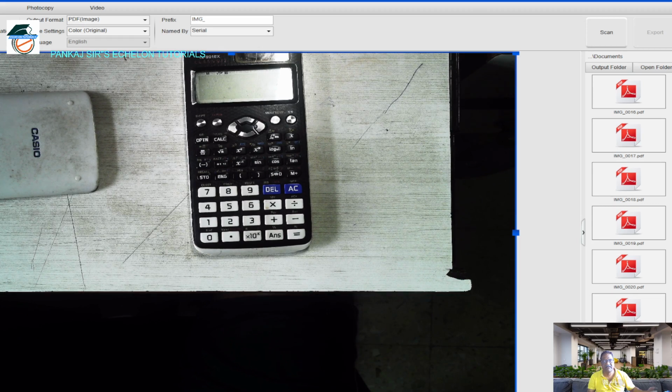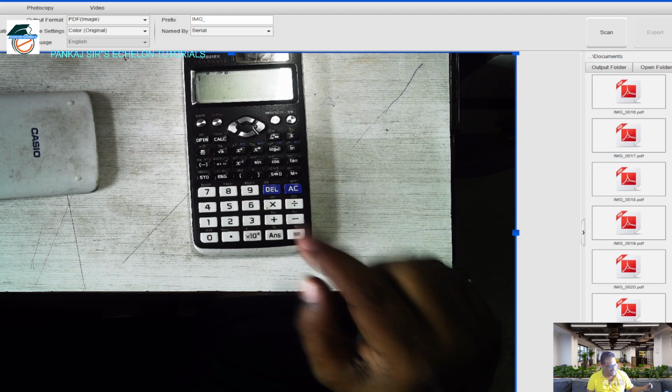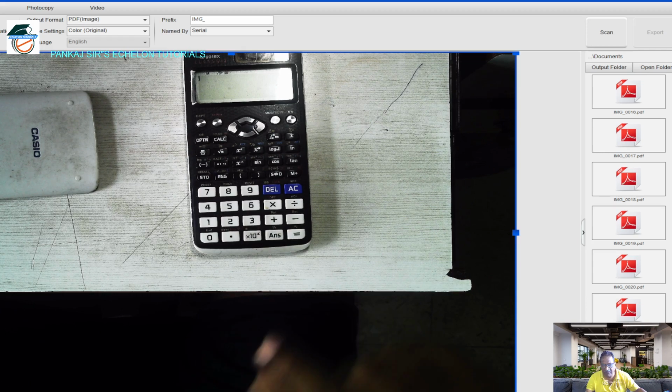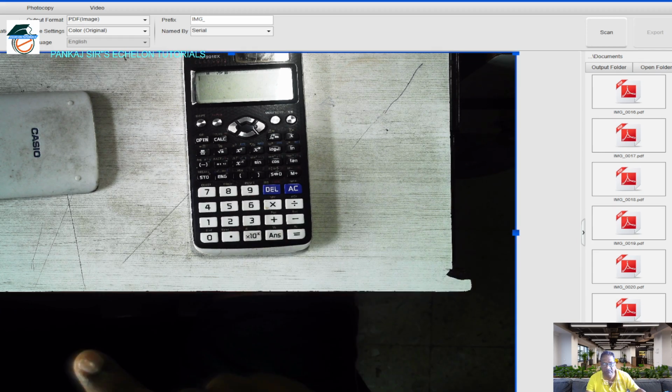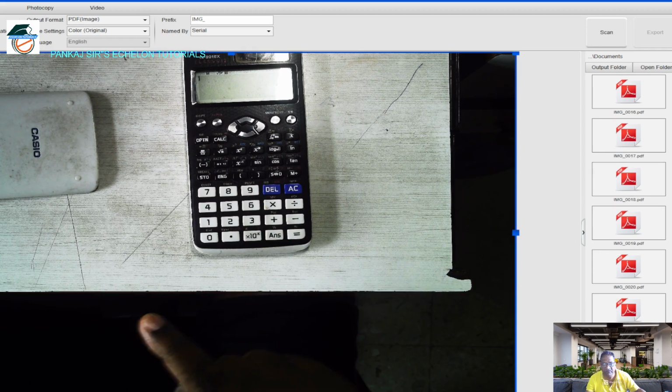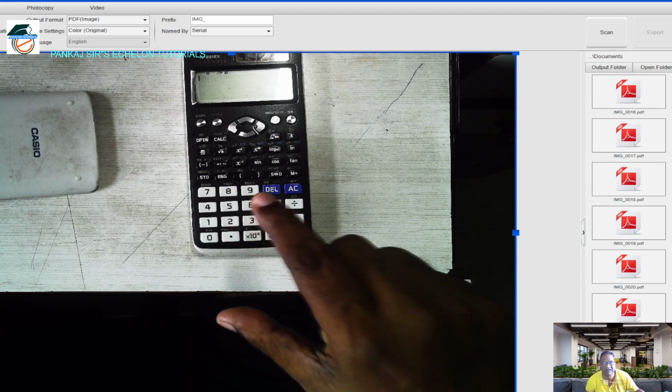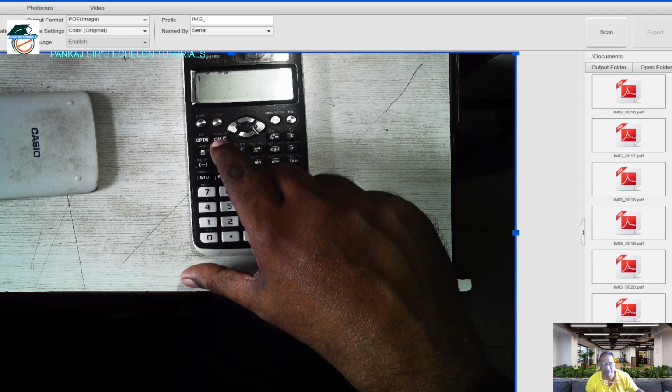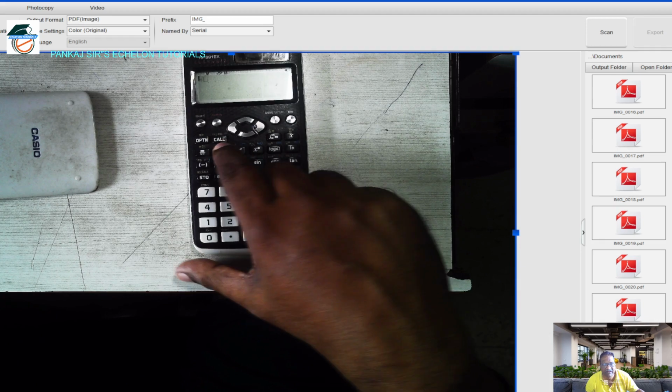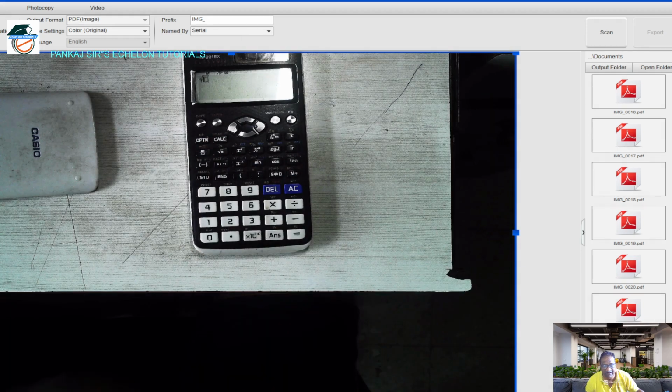What I'm going to do is press one button and put the input value in that function. Right now I'm pressing this square root button. Can you see this square root button? On the screen you can see a square root sign coming.